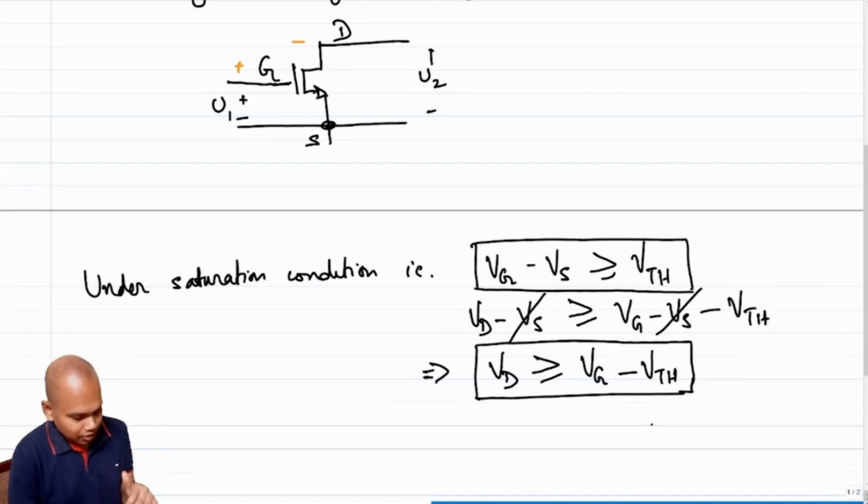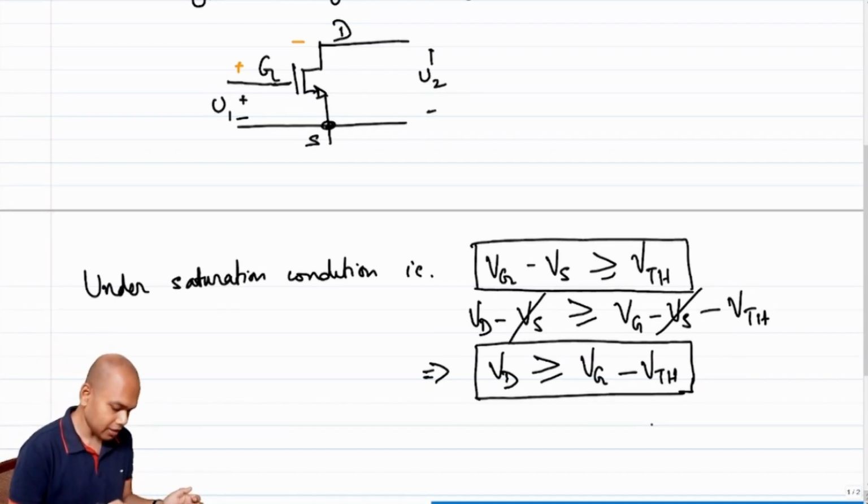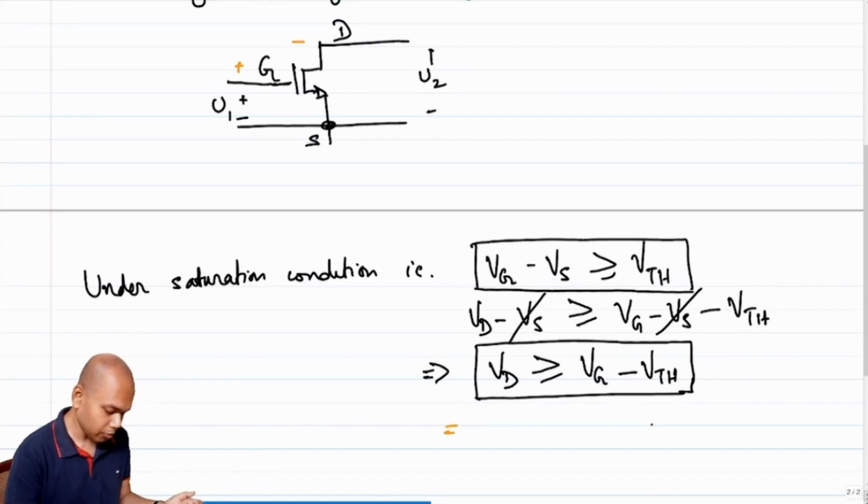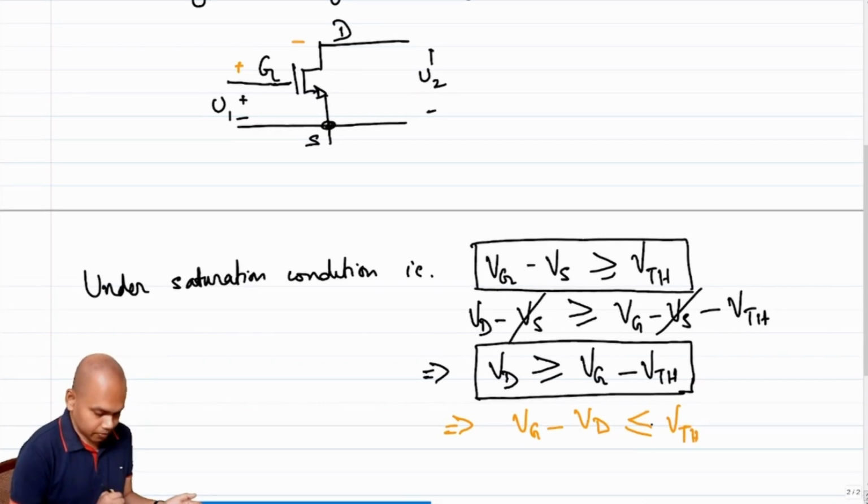So what is this inequality telling us? This inequality can also be written in the form of Vg minus Vd, if I move Vg to the other side, Vg minus Vd should be less than or equal to the threshold voltage, right?